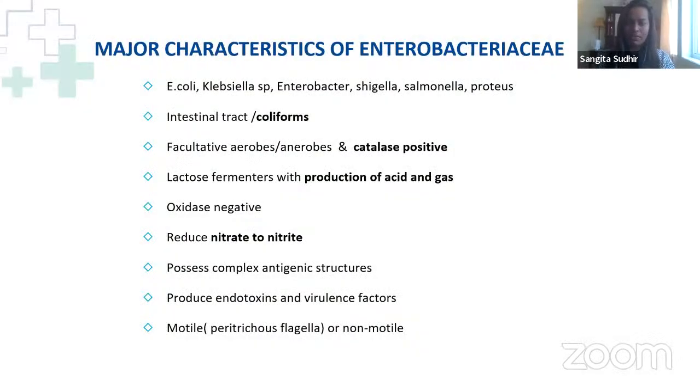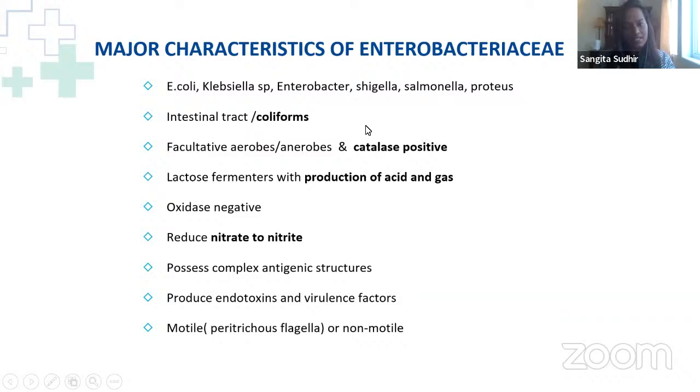Now let's talk about the major characteristics. All of these Enterobacteriaceae normally reside in the intestinal tract of humans and animals, so they are called coliforms. They are facultative aerobes or anaerobes, meaning they can survive with or without oxygen, and they produce the catalase enzyme, so they are catalase positive.